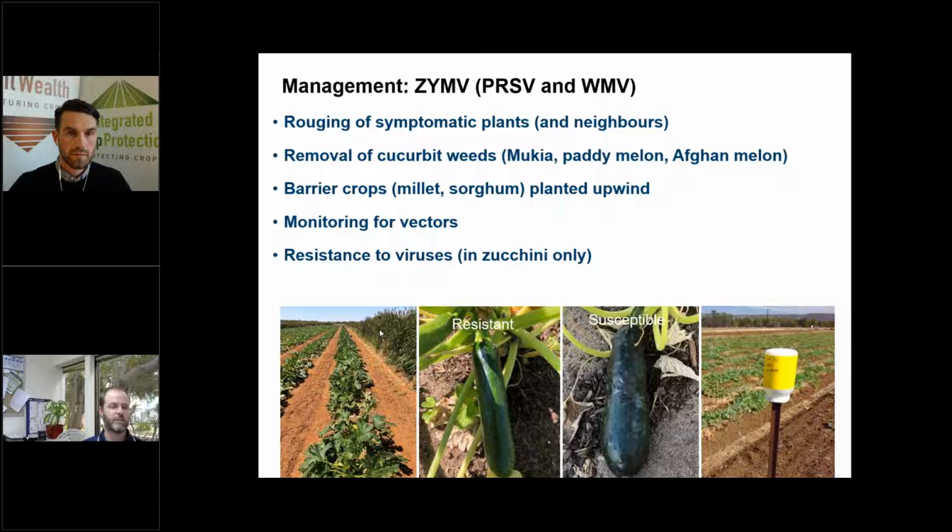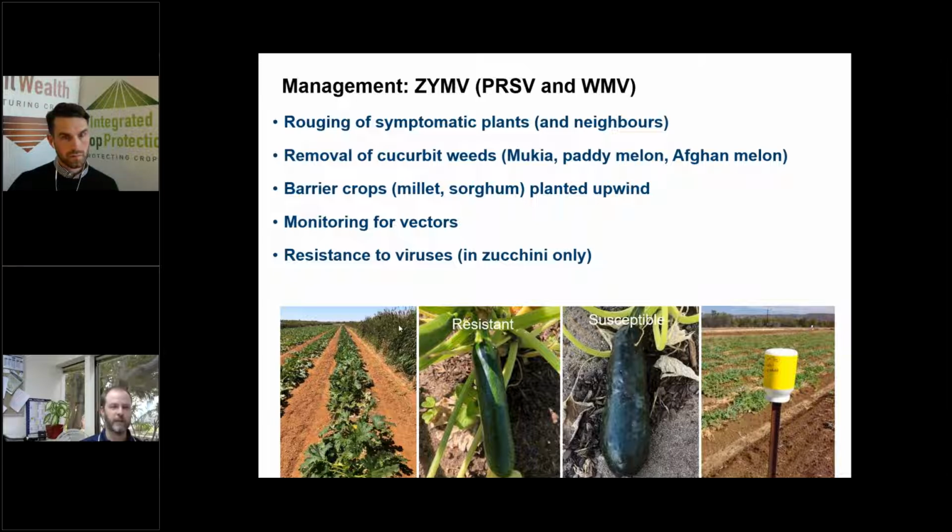As I showed, I think on this bottom left photo, barrier crops is a really different way of looking at controlling these, because while the virus is spread very quickly by the insects, it's also lost very quickly by them. So what we find is with a tall barrier crop like this, particularly upwind of a zucchini or other cucurbit crop, once those aphids land on that plant material, and they're not very strong flyers, they like just traveling along in the air and settling on plants as they come across them.